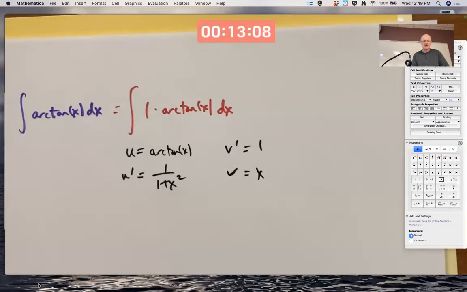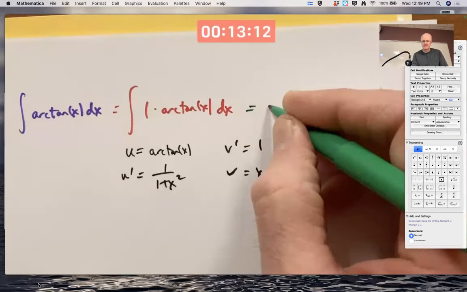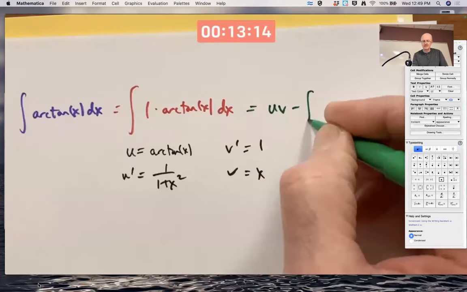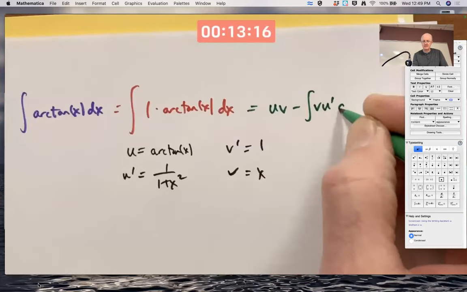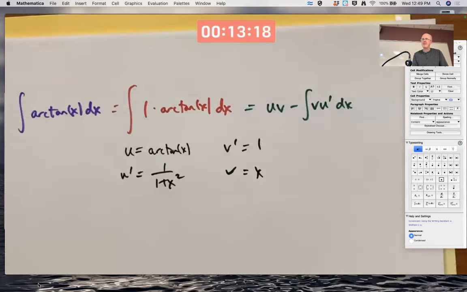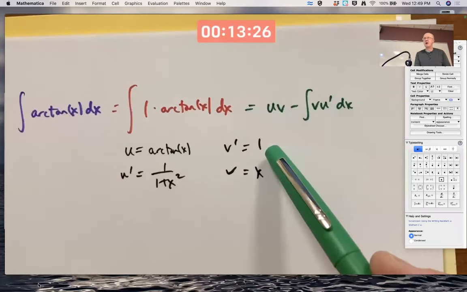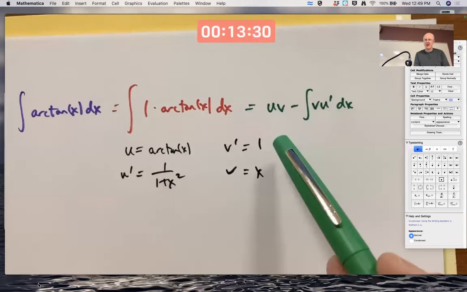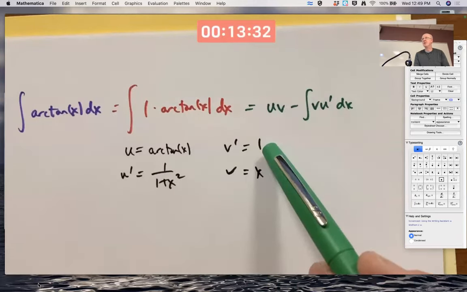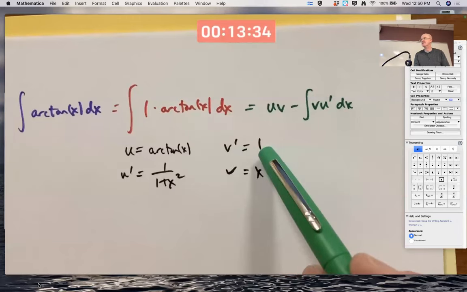Remember, it's a good idea to write down the integration by parts formula every time you use it. uv minus the integral of v times u prime. I mentioned this on Monday. If you've taken calculus before and you've done integration by parts before from some other textbook, you may have called this dv, effectively dv equals dx.